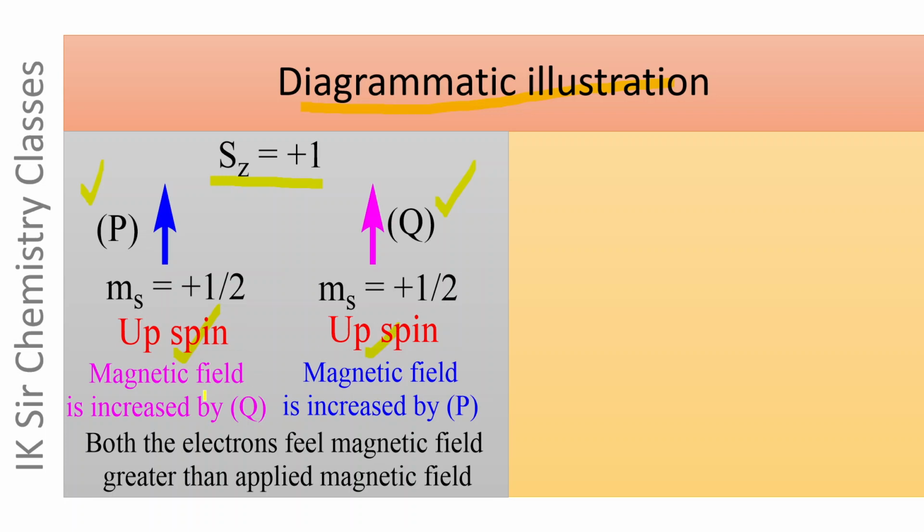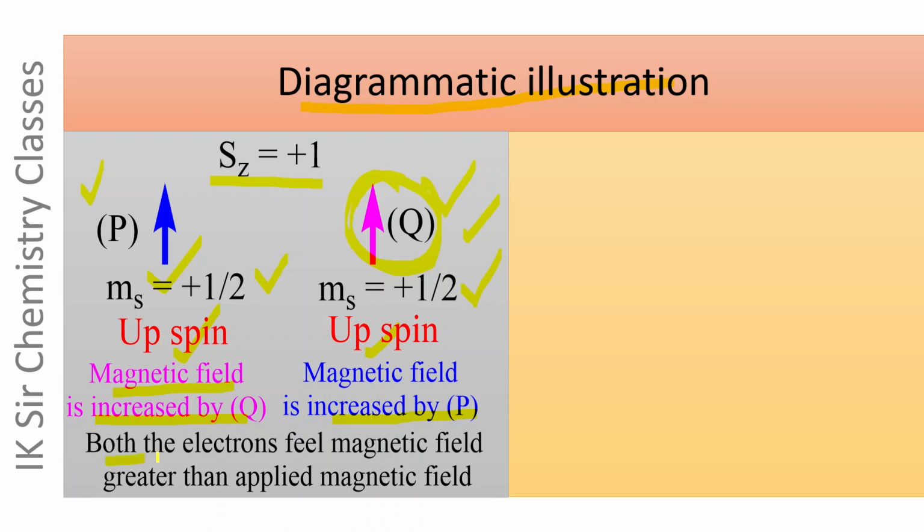As in our previous discussion, electron Q with up spin increases the magnetic field in the vicinity of its neighboring electron, and therefore the magnetic field experienced by electron P is increased by electron Q. Similarly, the magnetic field experienced by electron Q is increased by electron P, because both electrons have alpha spin with ms equals plus half, and they increase the magnetic field in the vicinity of their neighboring electron.